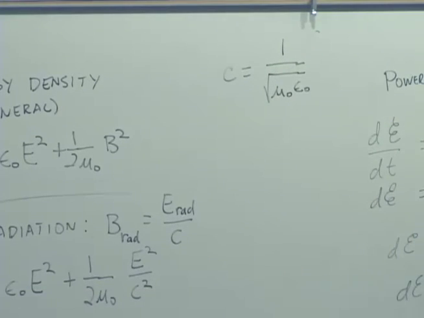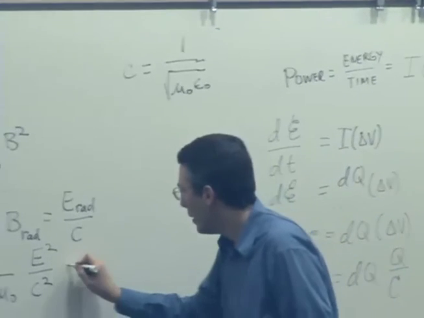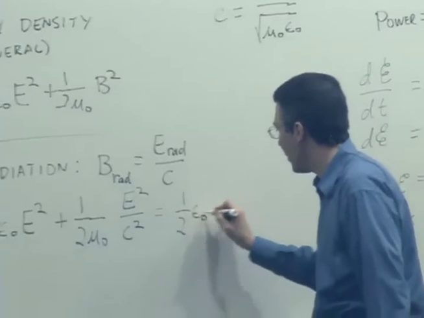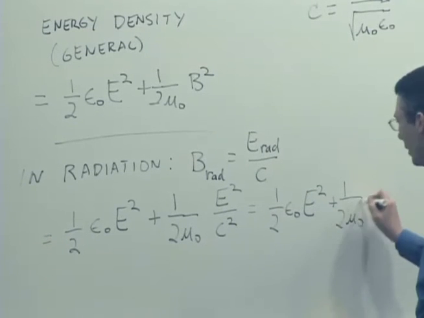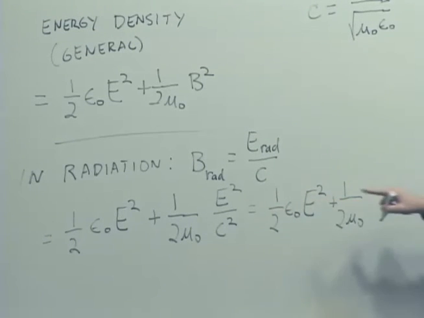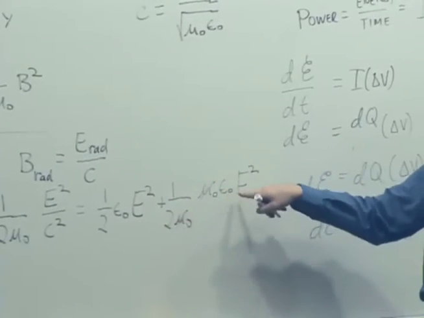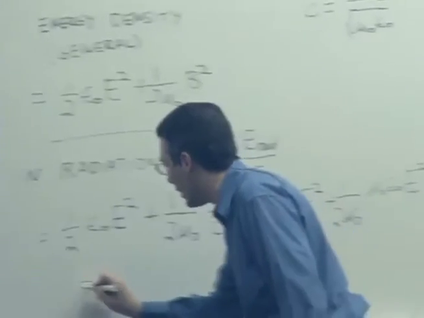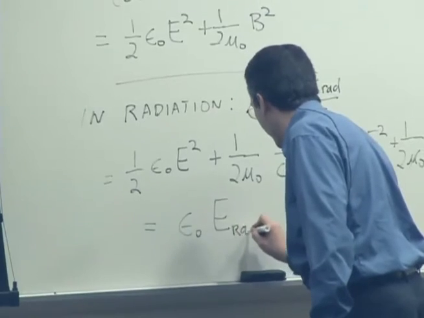We saw that when we first introduced radiation. So if I plug that in, 1 over c squared is going to give me mu naught times epsilon naught, and I have another factor of E squared here. And the mu naught cancels out. And so I have 1/2 epsilon naught E squared plus 1/2 epsilon naught E squared. This works out to be just epsilon naught times E radiative squared.